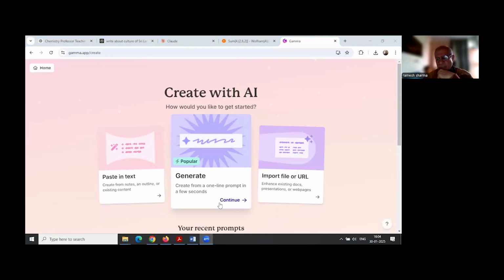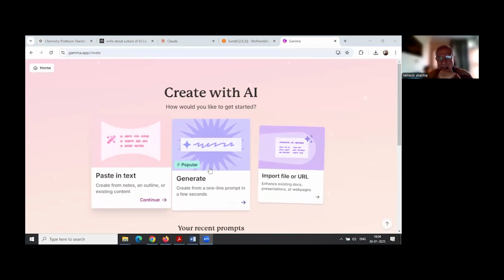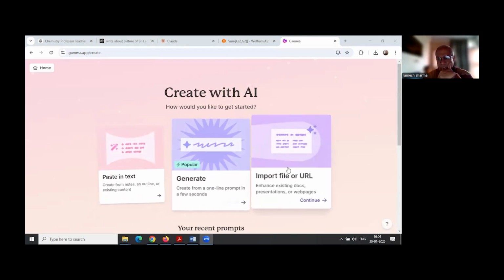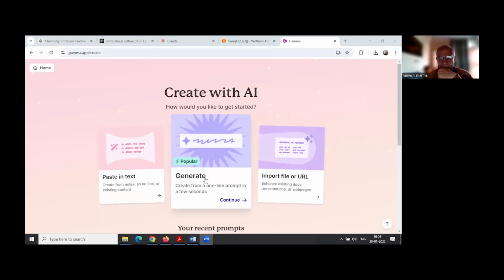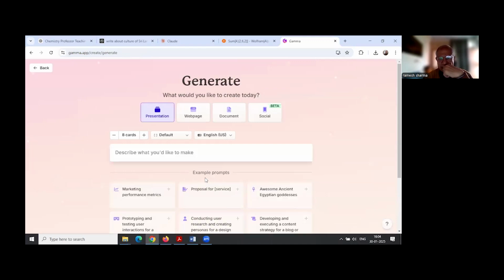In the free version, it allows you up to 8-9 slides. You can either paste your text or use AI to generate or import your file, and it can convert it into a presentation. If you click on generate, then it will ask you on what.